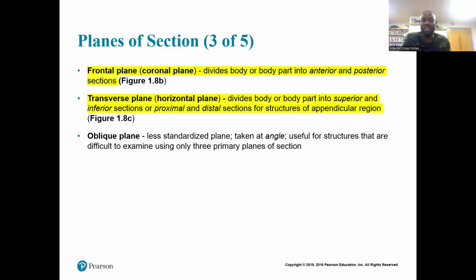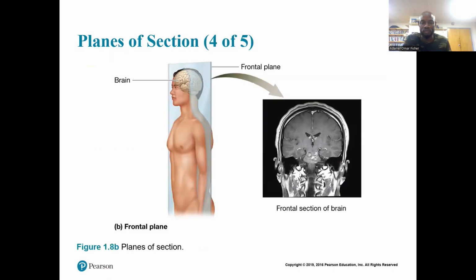Frontal plane divides the body into anterior and posterior, so right this way, and then transverse divides the body this way. So three planes. You have sagittal, frontal or coronal, and then transverse. Transverse divides the body into top and bottom, frontal into anterior and posterior, and then sagittal into left and right.